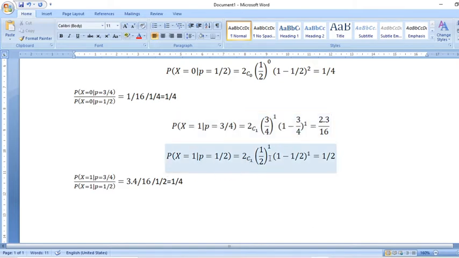The denominator is 2 into 1 by 2 into 1 by 2, that is 1 by 2. This is equivalent to 3 into 4 into 2 by 16, which is 3 by 2.